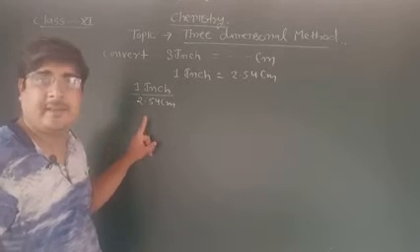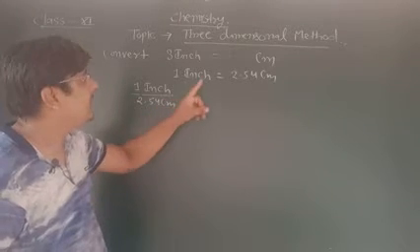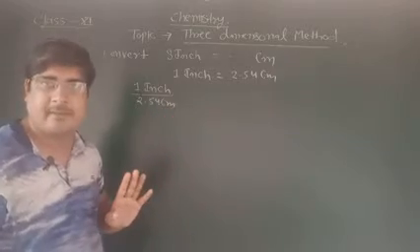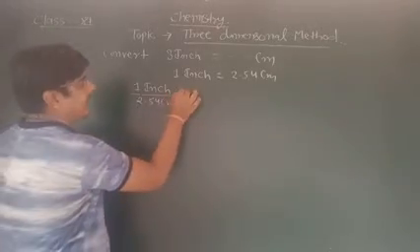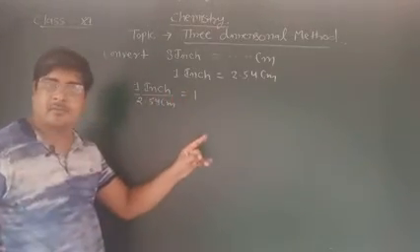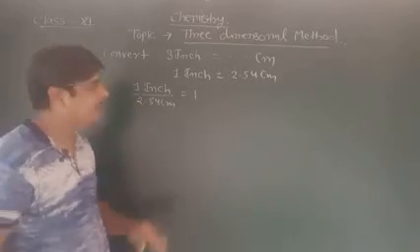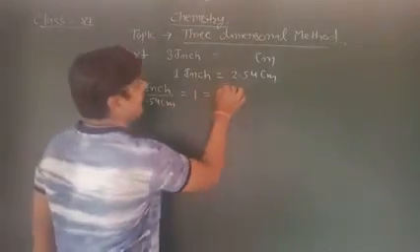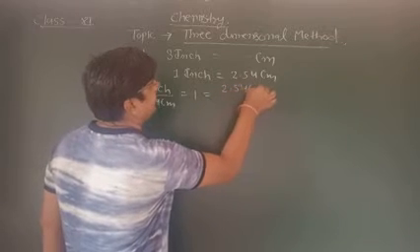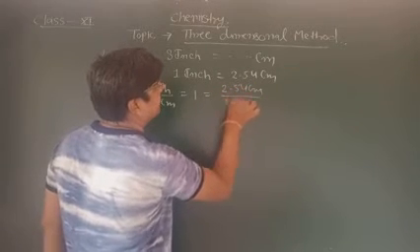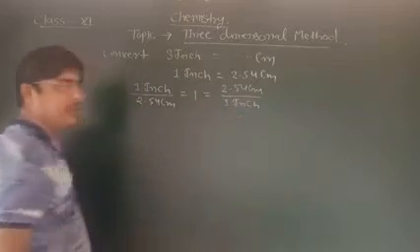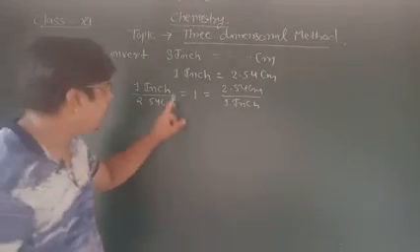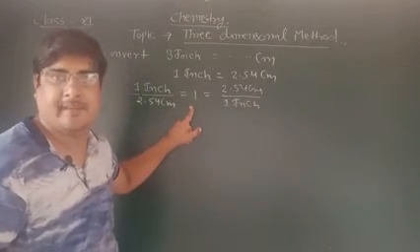Because 1 inch is equal to 2.54 centimeter, I can also write it as 2.54 centimeter upon 1 inch.